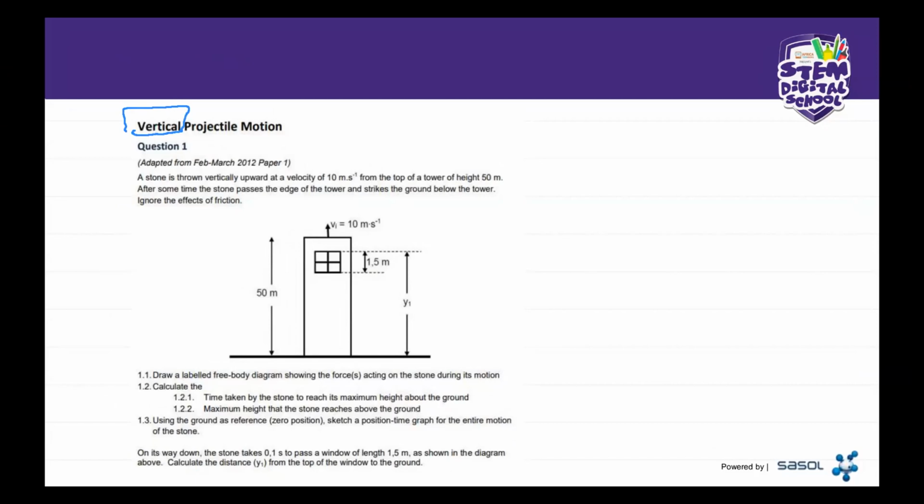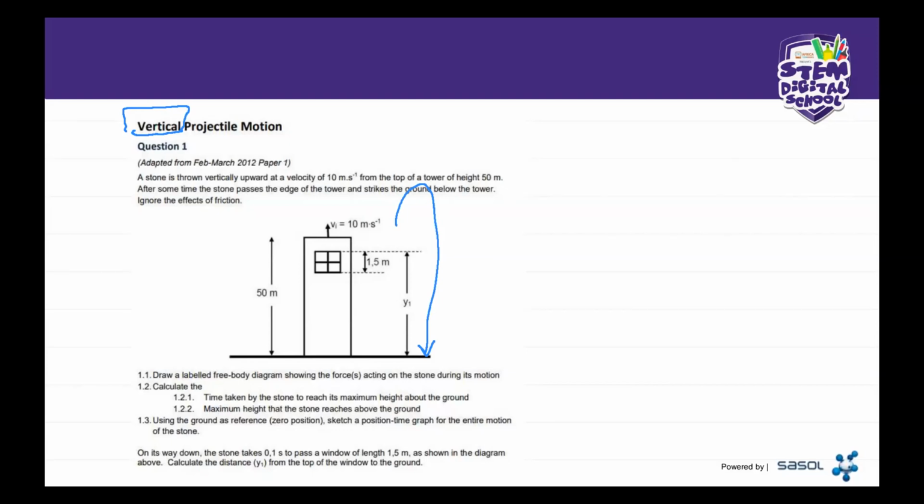So basically you'll have something like this, which shows you that here we are dealing with vertical projectile motion, because it's a vertical movement or motion. So we're going to start with this question.